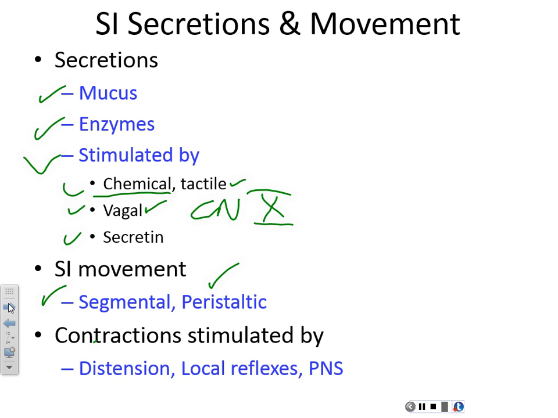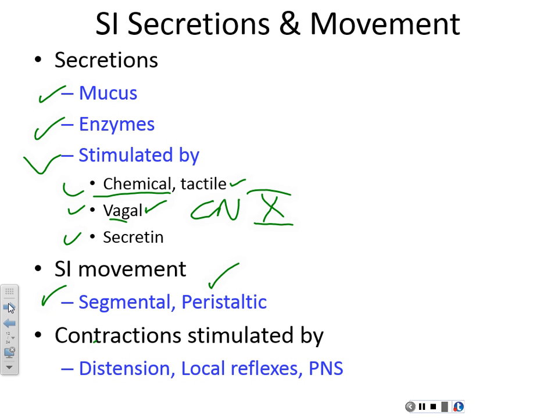Contraction is stimulated, of course, by distension. Whenever you get contents in there, you stretch the wall of that organ, and then, of course, local reflexes. That's why you have the enteric nervous system, which is a kind of small nervous system all by itself, that doesn't necessarily need a lot of CNS control, except through the vagus, which comes from cranial nerve number 10.